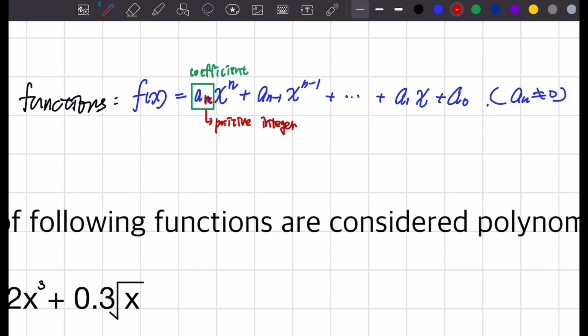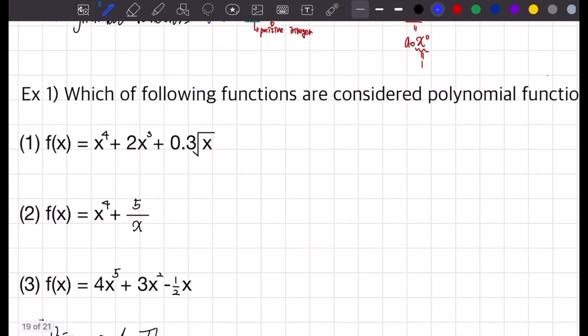And also a sub 0, which is equal to a sub 0 times x to the power of 0, and x to the power of 0 is always equal to 1. So if a function is a polynomial function, then the exponent of x should be a positive integer.